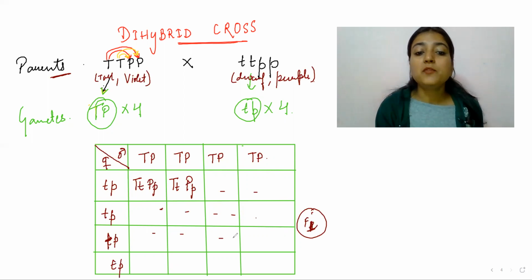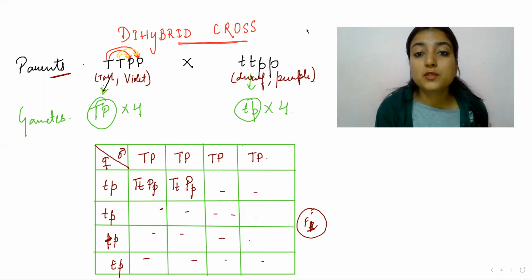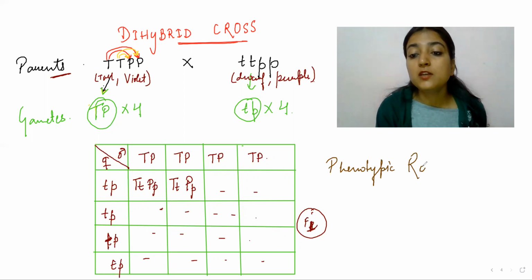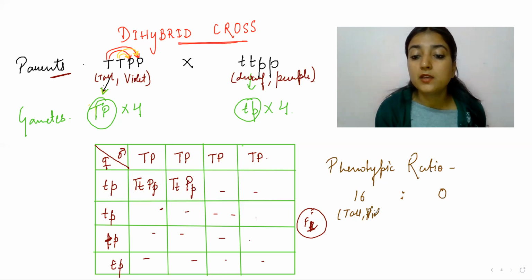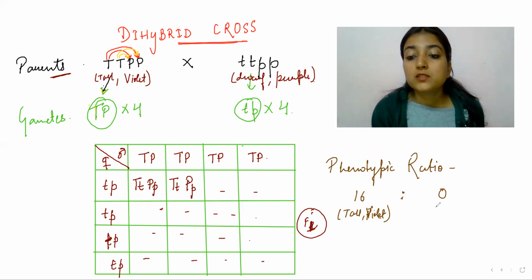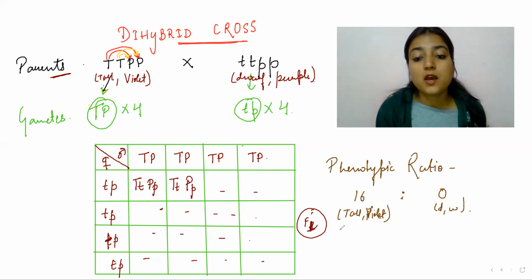Fine. So again, after making the Punnett square, you have to establish the phenotypic ratio. Okay, so here the phenotypic ratio will be 16 is to 0, where 16 is tall and purple, or you can say violet, whereas 0 is dwarf and white. Fine. Now we will establish the genotypic ratio.